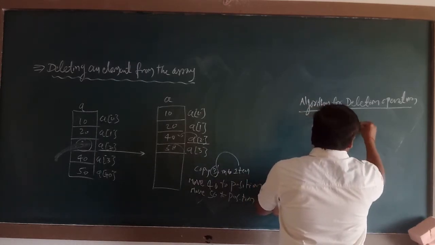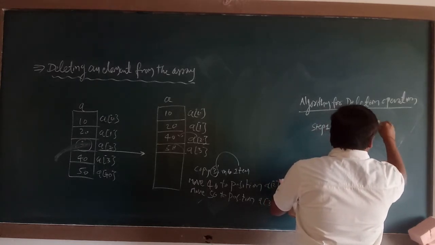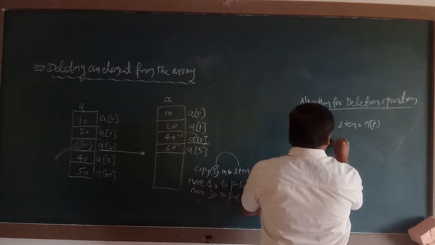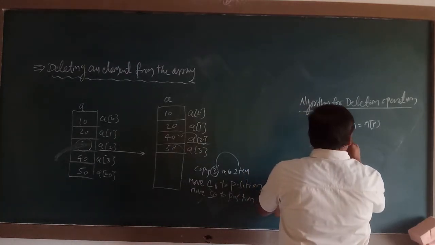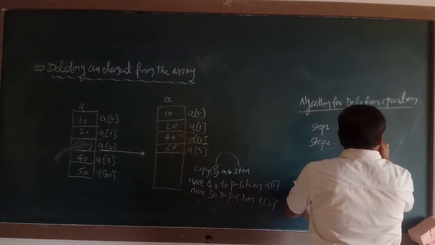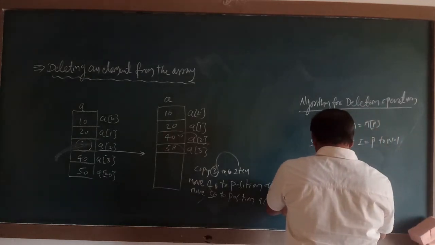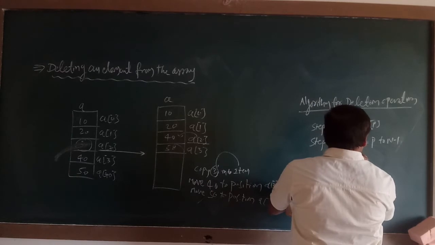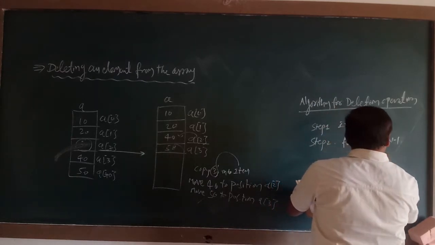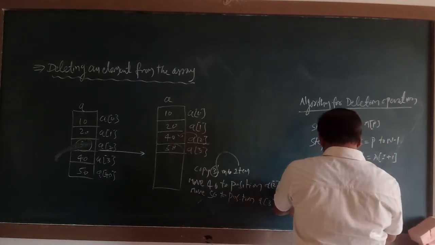So item is equal to A of P. Step 2, for I equal to P to n minus 1, A of I is equal to A of I plus 1.